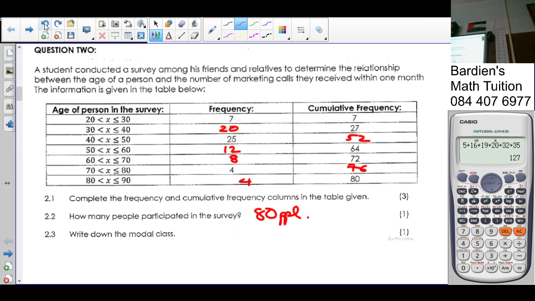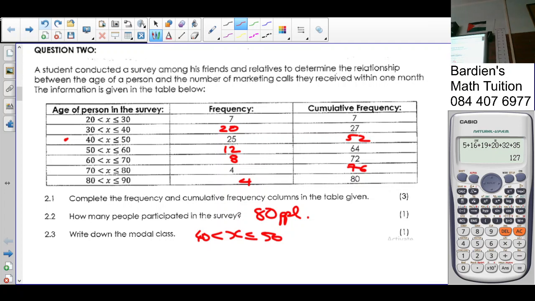So there's 25 in that category. So what is the modal class? X is greater than 40, but less than or equal to 50. You guys understand?